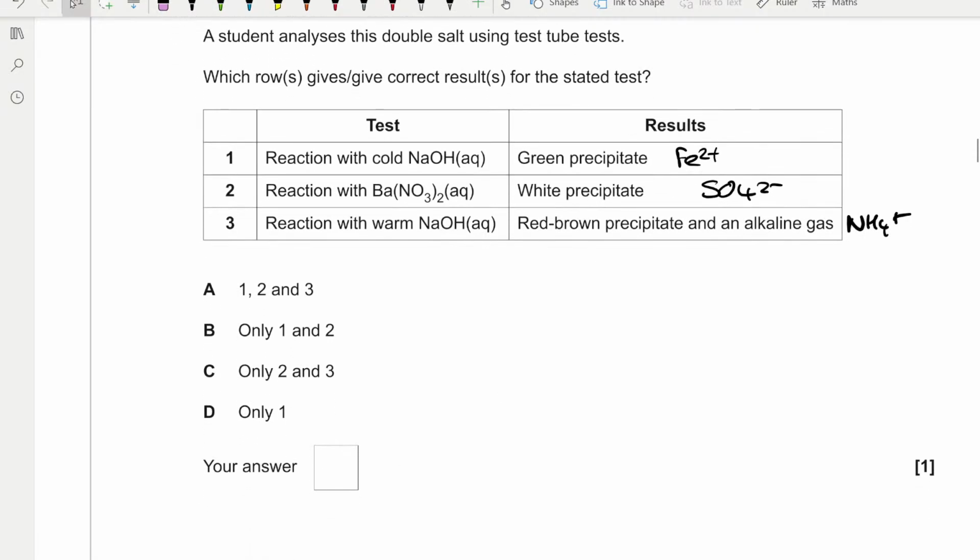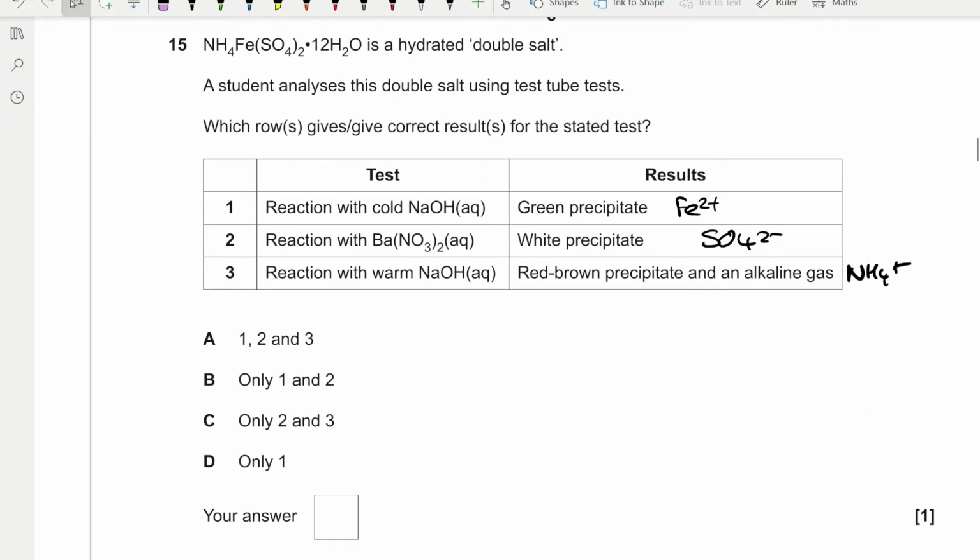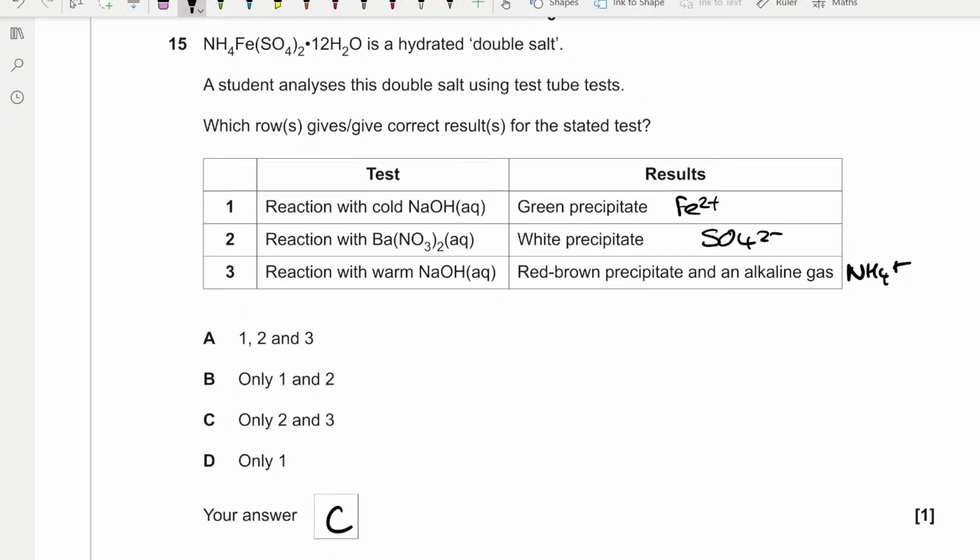So the answer is C, because we don't have Fe2+ ions, we have NH4+ and Fe3+ and SO4 2- ions.